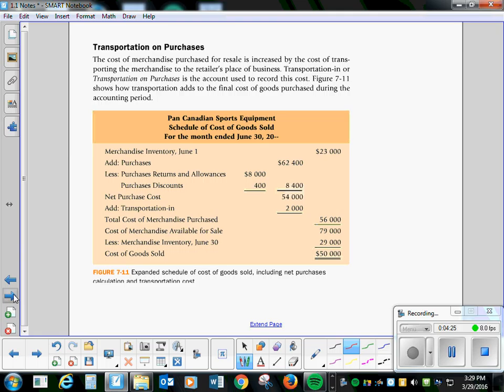The cost of merchandise purchased for resale is increased by the cost of transporting the merchandise to the retailer's place of business. Transportation in or transportation on purchases is the account used to record this cost. Okay, so if you look here, you're going to add that to the purchase cost.